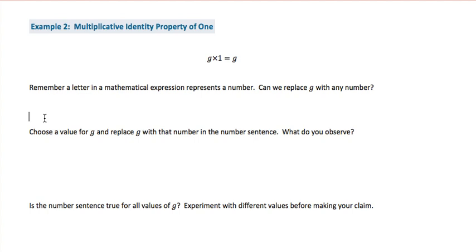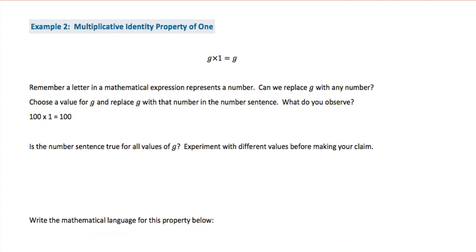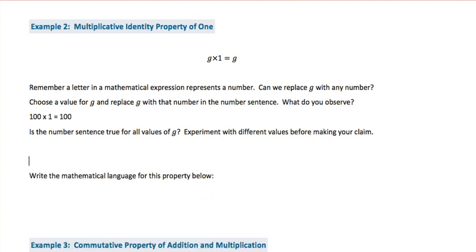We're going to prove that by choosing a value for G and replacing G with that number in the number sentence. Again, I'll choose 100. 100 times 1 equals 100. True? Yes. Is it true for all values of G? You can experiment with a number of different values before you say for sure.